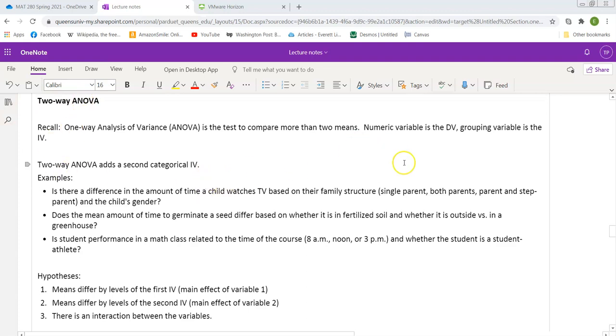In this first one up here, family structure was a variable and it had three levels, and gender is a variable, and in that data set we had, it had two levels. We want to be inclusive, so want to be aware that gender is not always binary, but in that data set it was.